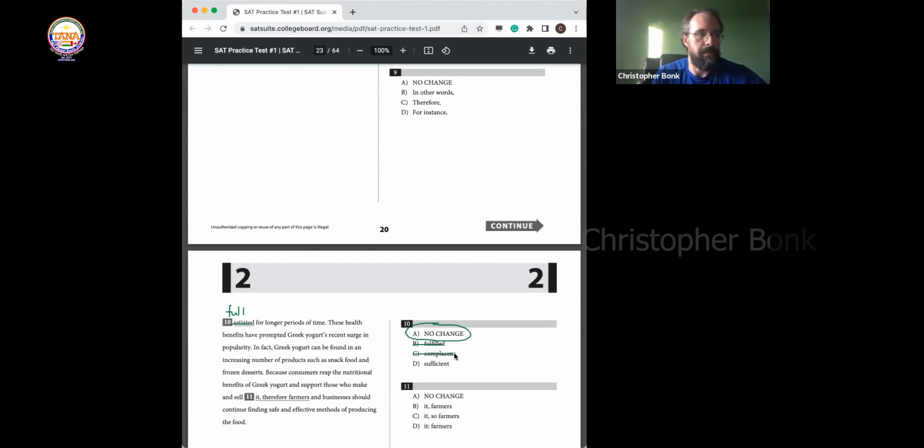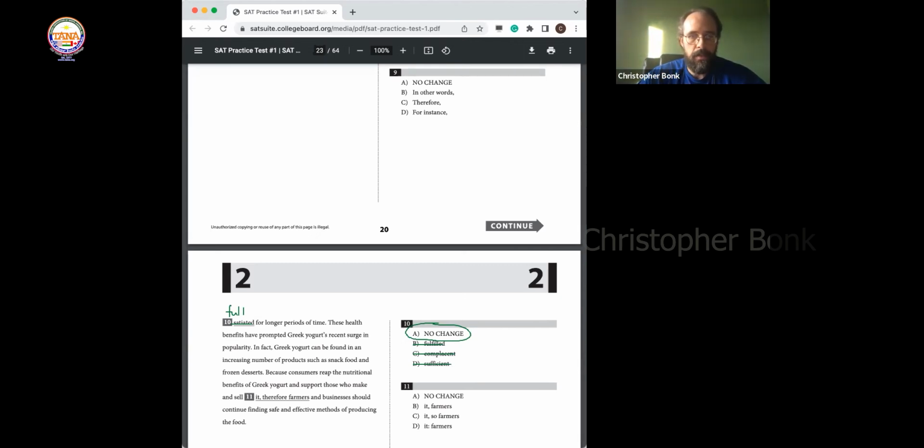Sufficient is just saying something's good enough, but this is better than good enough. So even if you didn't know A, as long as you knew the other 3 and were careful of them, you could eliminate those other choices. And then you would just have A is the only remaining choice. Ideally, you know all of them. If not, play process of elimination with the ones you do know. If one of those had been correct, then that's all good. Don't even worry about the one you didn't know.